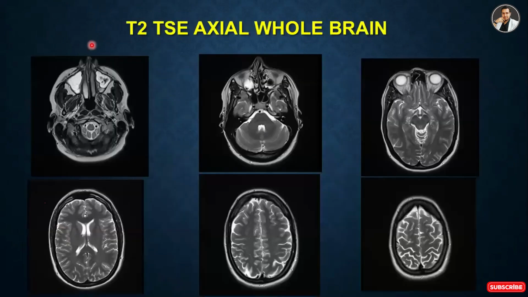We have to see some cells. This is the maxillary sinus, and this is the mucus.